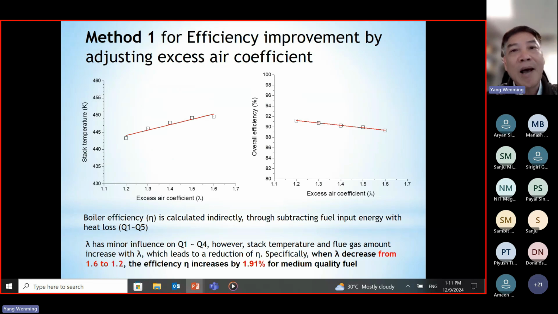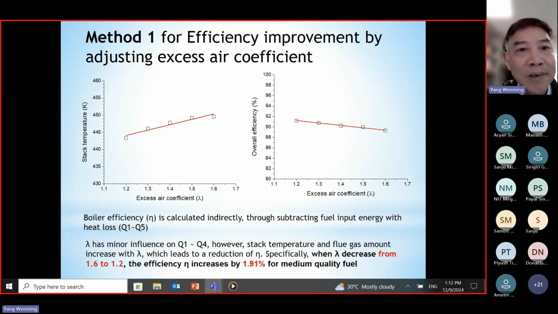Okay, so after doing a very comprehensive simulation, we found that we can take some measures to improve the efficiency. The first one is efficiency improvement by adjusting the excess air ratio. Excess air coefficient is actually the air to fuel ratio.